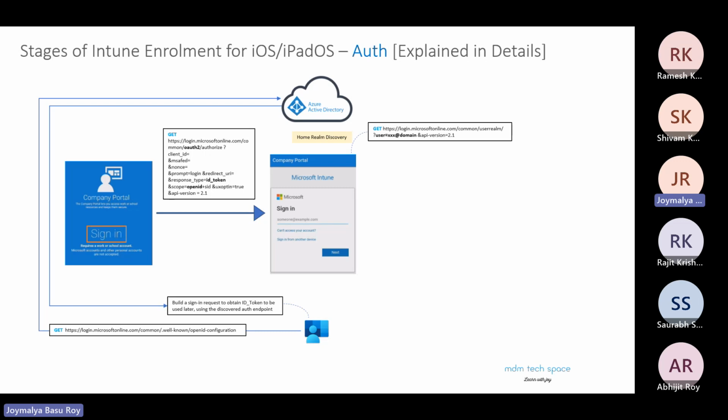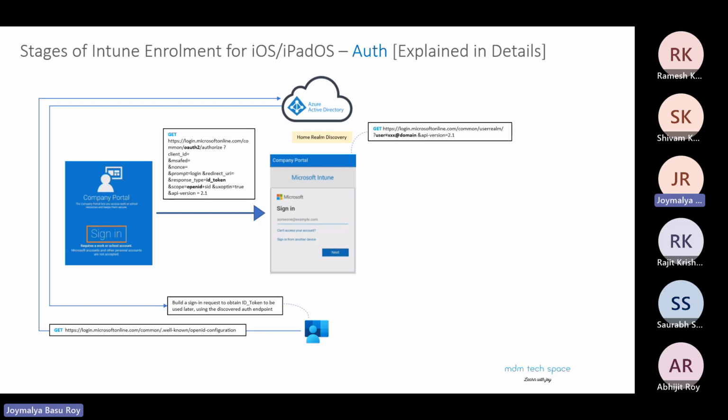Home realm discovery is nothing but it checks whatever is after the at-the-rate sign, whether that domain exists or not. If the domain exists, then a channel is established with that particular tenant, and from there on the communication is not to a generalized URL but specific to that particular tenant.